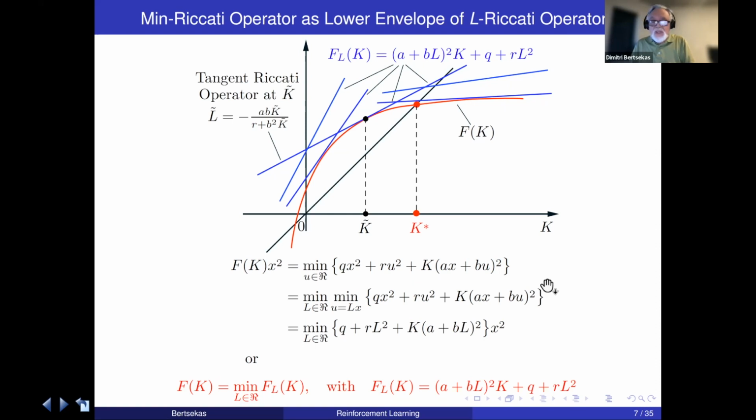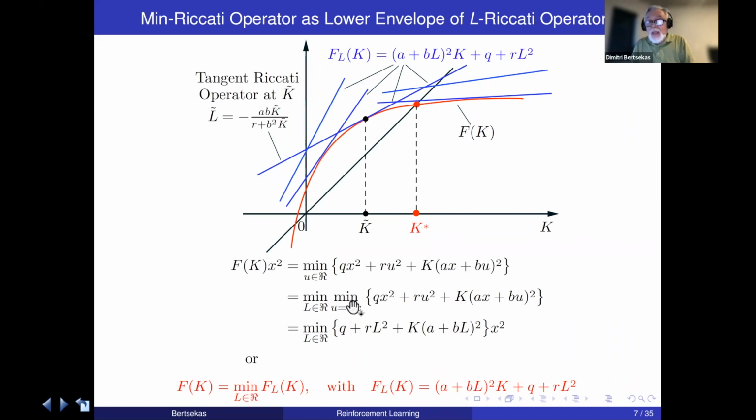And how do we see that? Okay, so if we plug a quadratic cost function into the Bellman equation, this is how we calculate f of k. It's minimization over u of this quadratic expression. Let's break down the minimization in two.